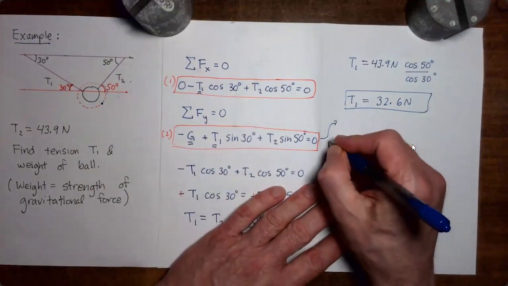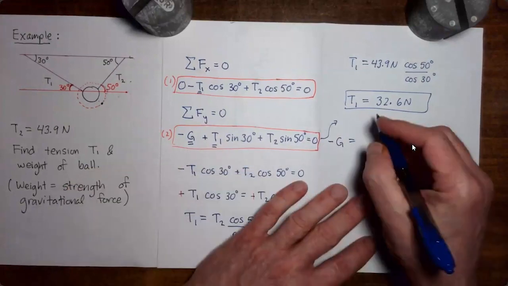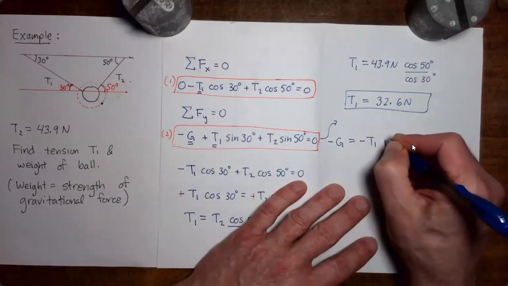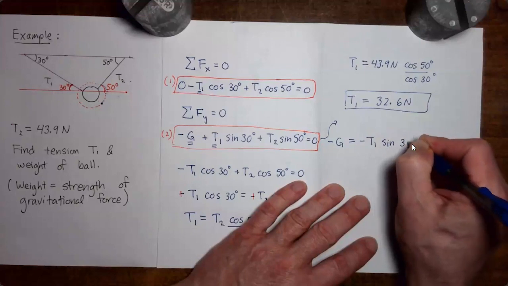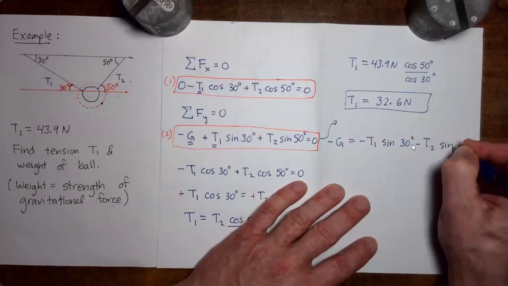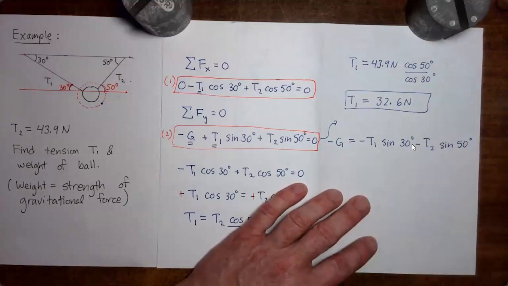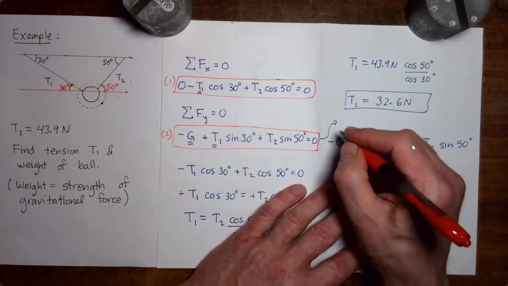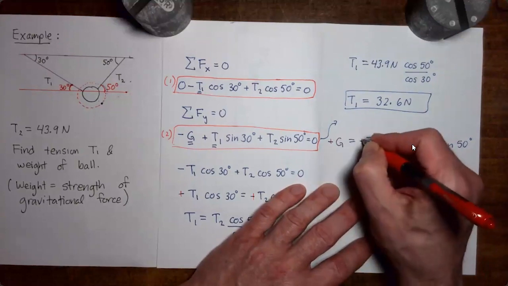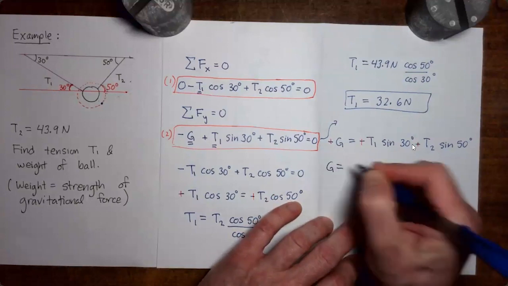So I then get minus G equals, moving these guys to the right, minus T1 sine 30 minus T2 sine 50. Okay, notice that all of these terms have minus signs, so we can multiply through by minus 1 to turn those into plus signs. And now we can make our substitutions to finish the problem.